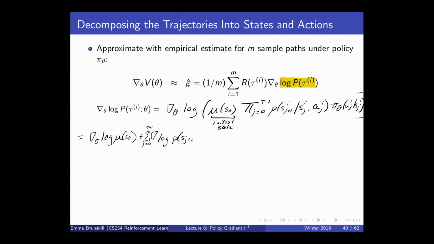Remember, we don't know this in general. This is unknown. We're just going to hopefully end up with an expression which means we don't need to have it. Okay? And what i is indexing here is which trajectory we're on. Sum over j equals 0 to t minus 1. And this is going to be our actual policy parameters.